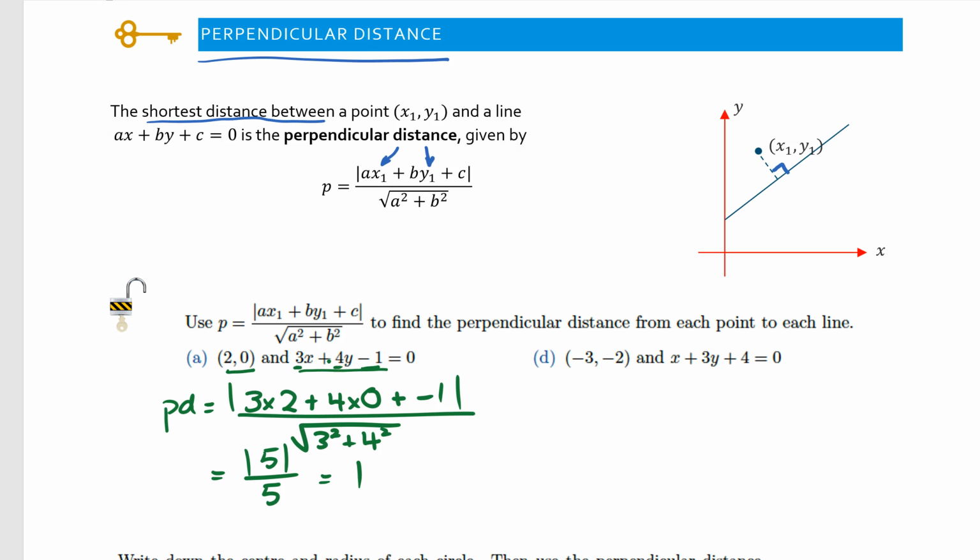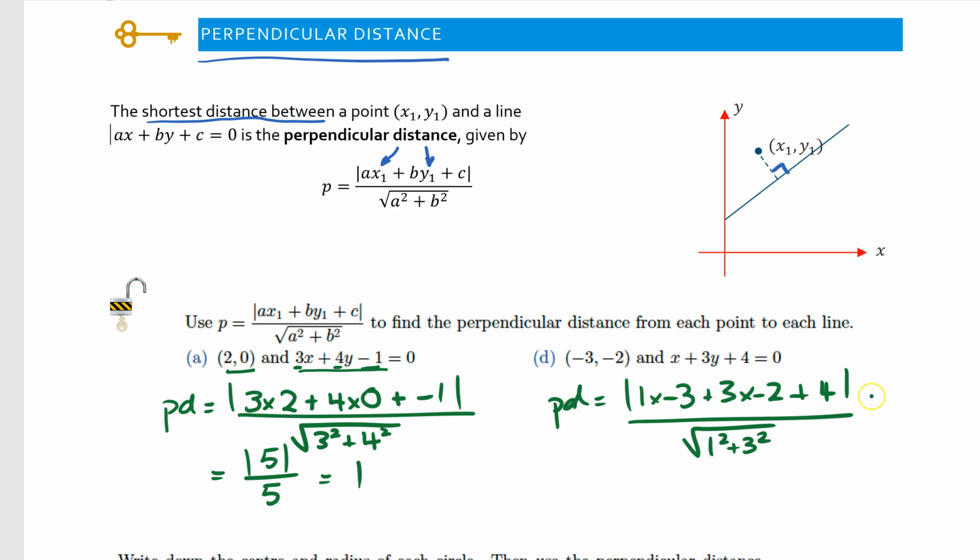Okay, our next one here, just really quickly, perpendicular distance is absolute value of A, which is 1 times X1 plus B times Y1 plus C over the square root of 1 squared plus 3 squared. So our top line becomes -3 and -6 is -9.